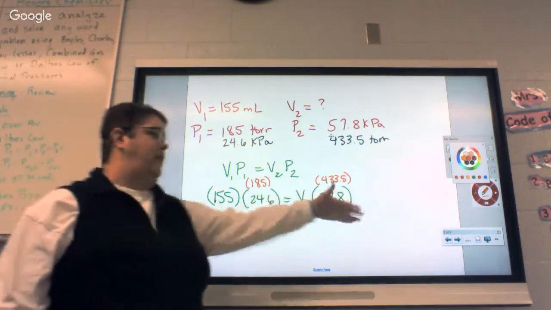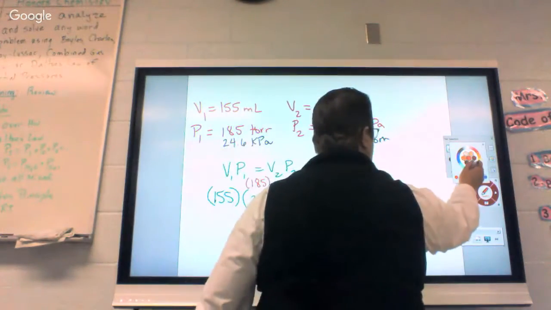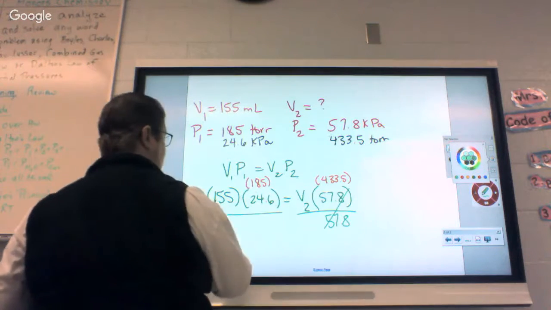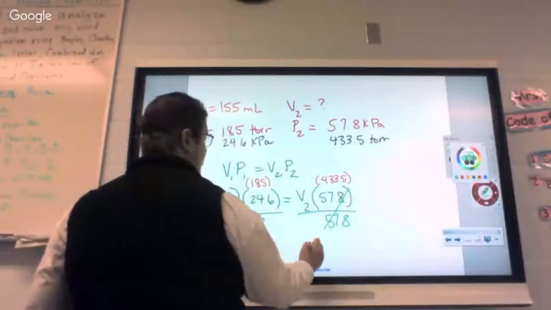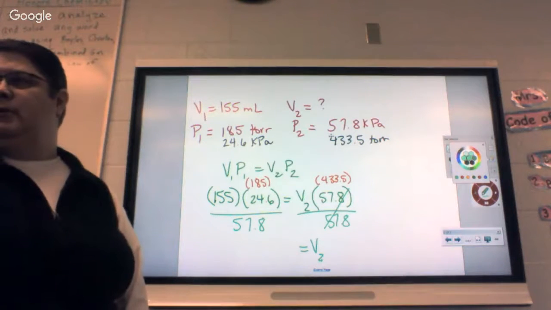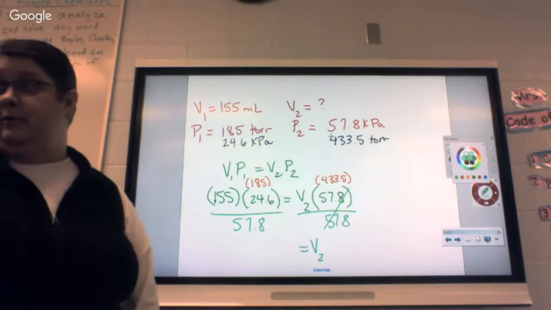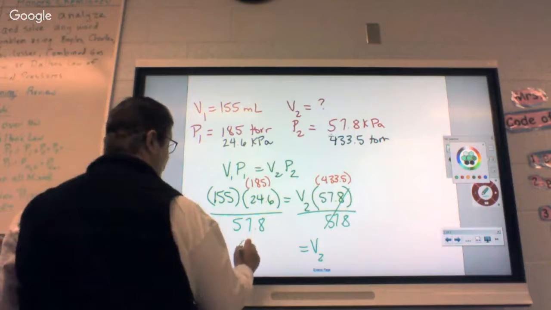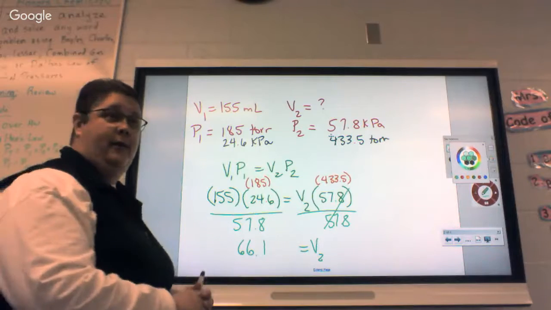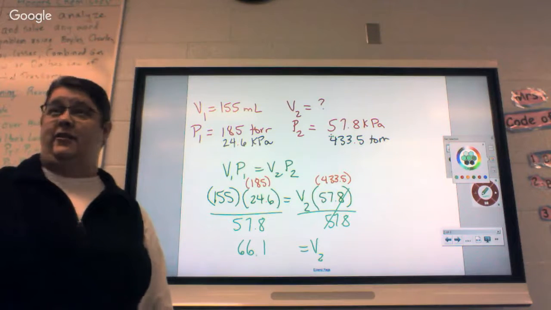But since more of you picked the kPa, if I look at just my green numbers to solve for my V2, I'm going to choose to divide by 57.8. 57.8 cancels out on this side. Solve for V2. What did y'all get for my second volume? 66.1? 66.1, 66.2, 65.9.